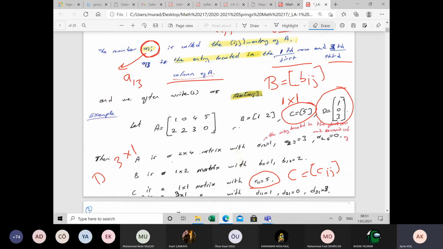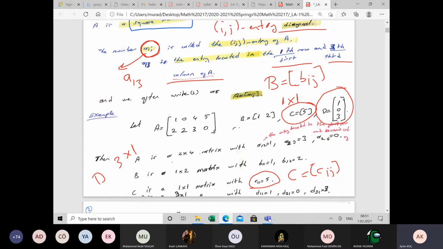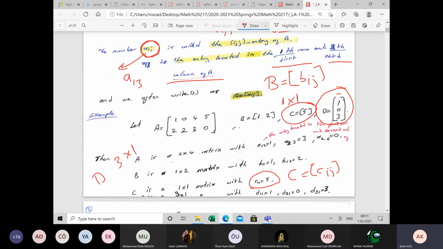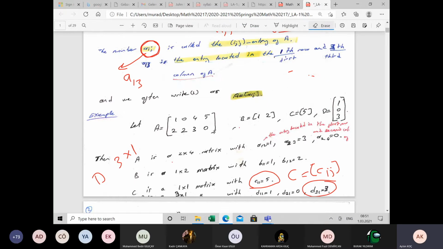For example, D11 is 1 here, D21 is 0, and D31 is 3. This last matrix is a special matrix, because it contains only one column.